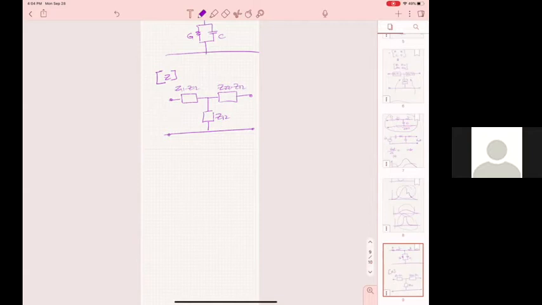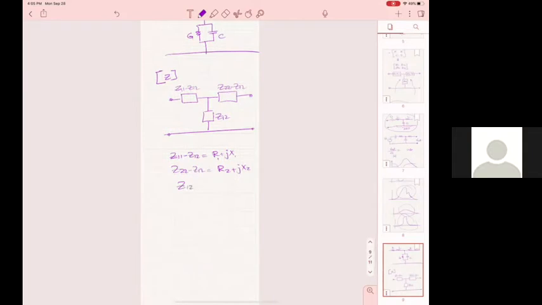Your Z11 minus Z12 is going to have a real and an imaginary part. The Z22 minus Z12 is going to have a real and an imaginary part. They may be the same or they may be different depending on the circuit.